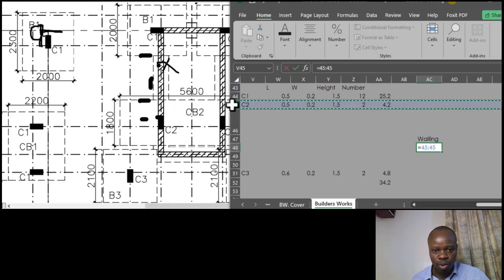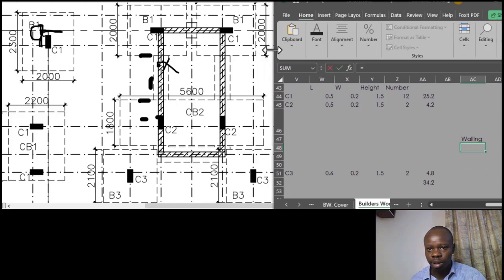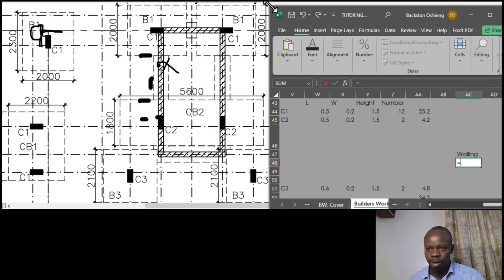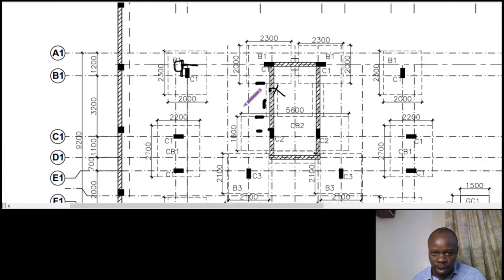So I would like us to see how to go about the same. Let me just bring this to be a little smaller. Alright, that's fine. As usual, we read from our plan.